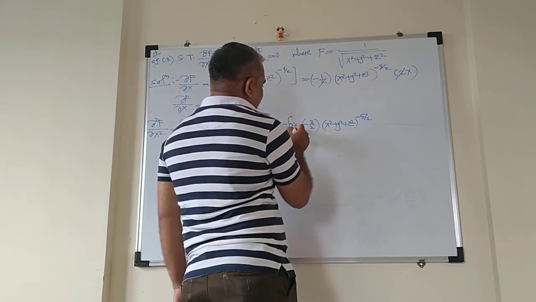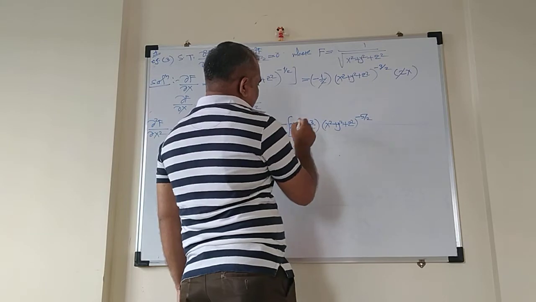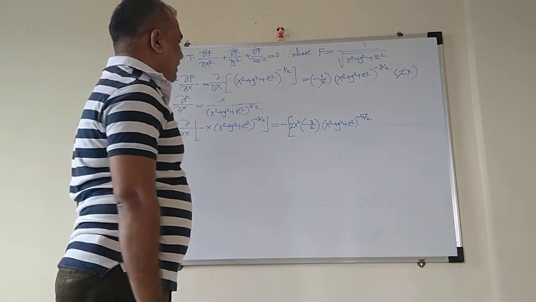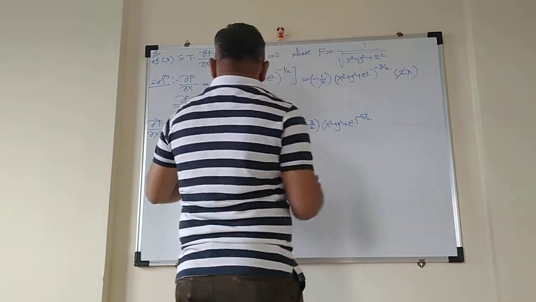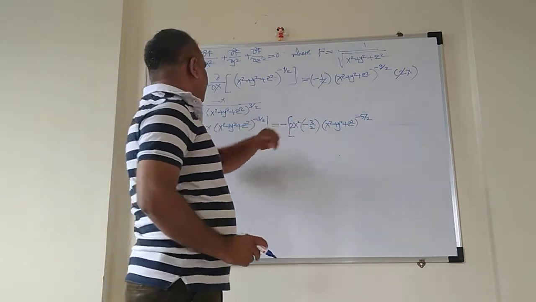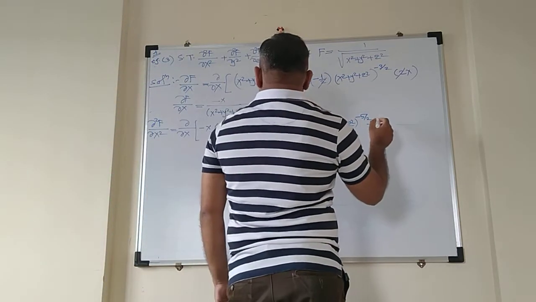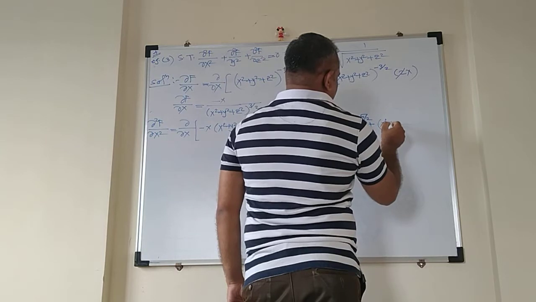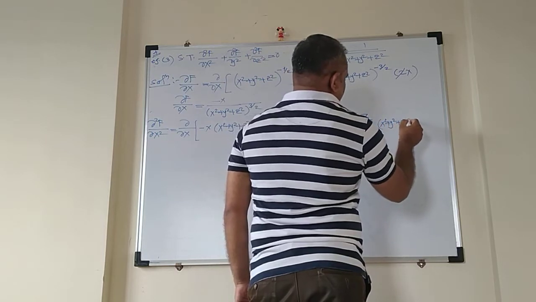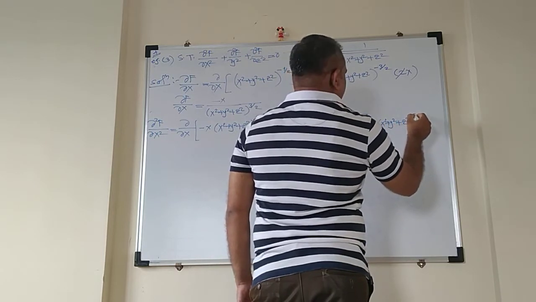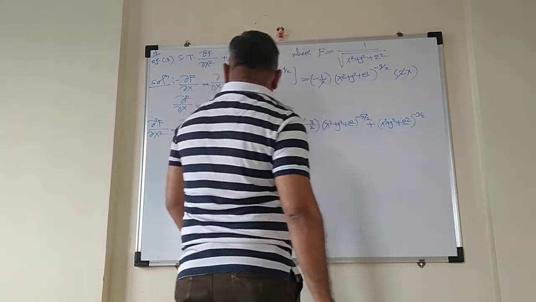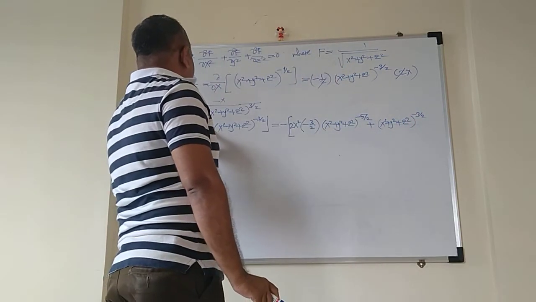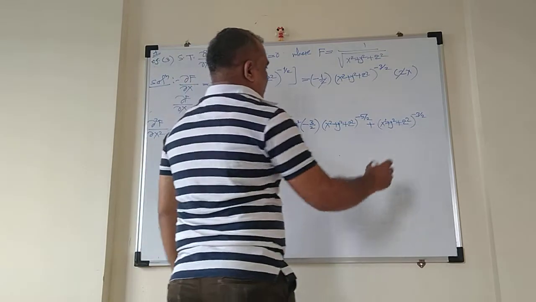So let me write here 2x, and this x will give 2x square, isn't it? So first function into differentiation of second plus second function, that is x square plus y square plus z square raised to power minus 3 by 2, into differentiation of first with respect to x, which is 1.